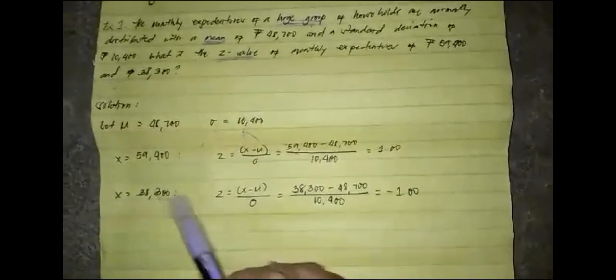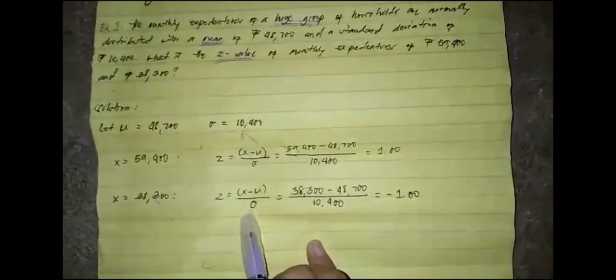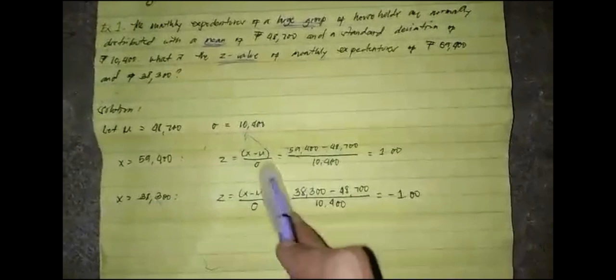38,300. Same procedure as the first. Copy the formula for population, then substitute. So, this is the x, from the value we are finding the z-value for, 38,300.